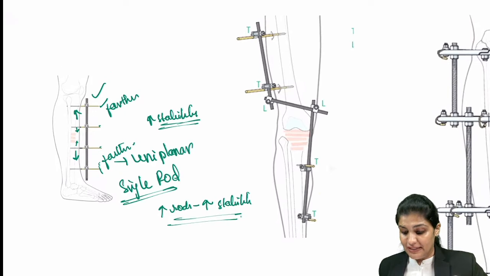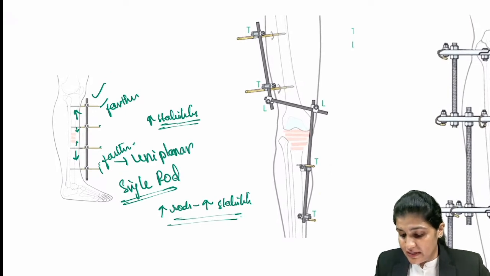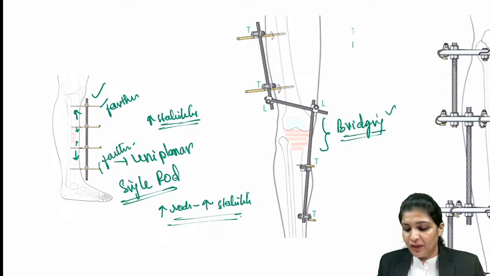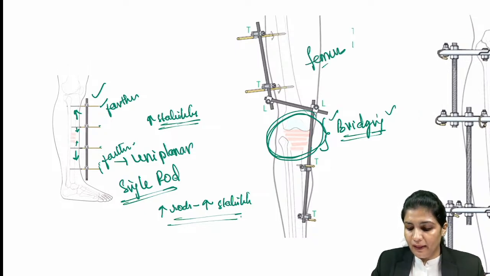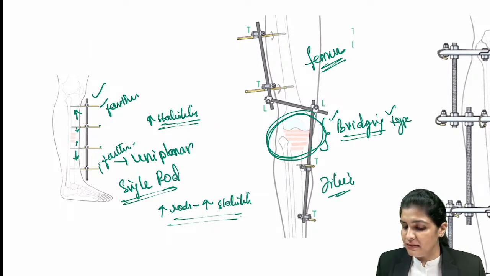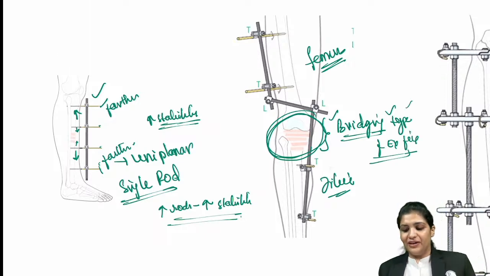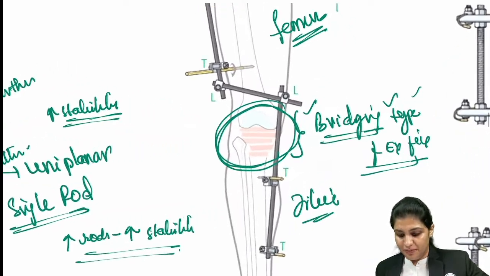Now coming to the second type, this is called the bridging fixation. There is this knee joint, the proximal tibia fracture is there, and you're fixing it with the femur and the tibia. So this is the bridging type of X fix, which you usually use for joint fixations such as proximal tibia.